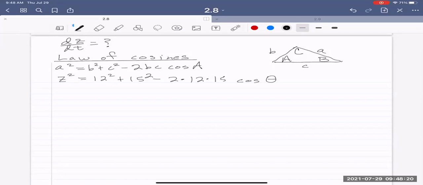So this will be a formula that I can differentiate. So let me leave it in this form for a second.